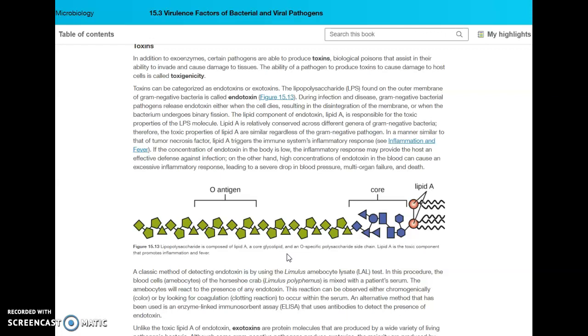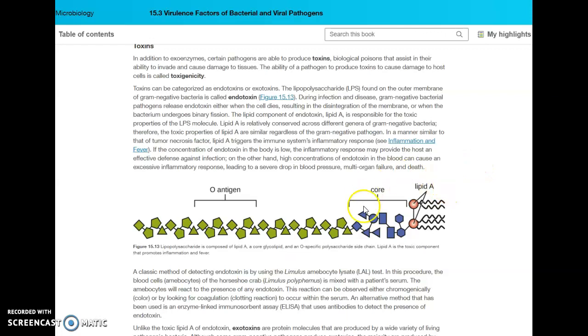And the best example that we have of this is that lipopolysaccharide that we see on gram-negative bacteria. Remember when we talked about gram-negative bacteria, we said that, in addition to that thin layer of peptidoglycan, they had this outer membrane that contained a special lipopolysaccharide.